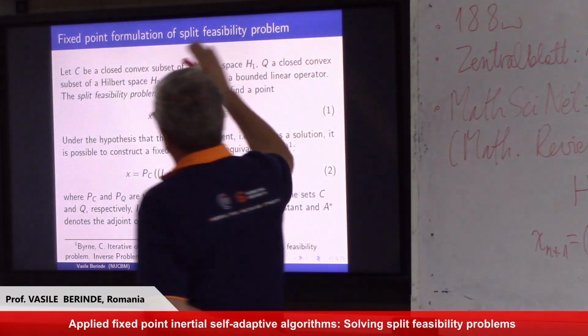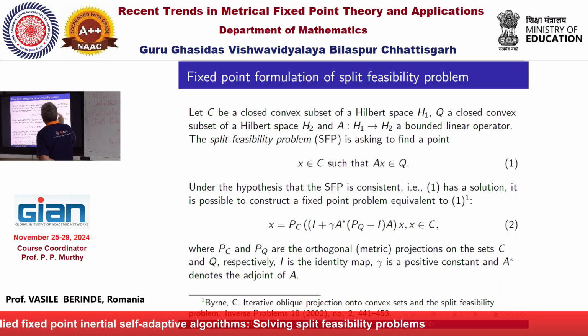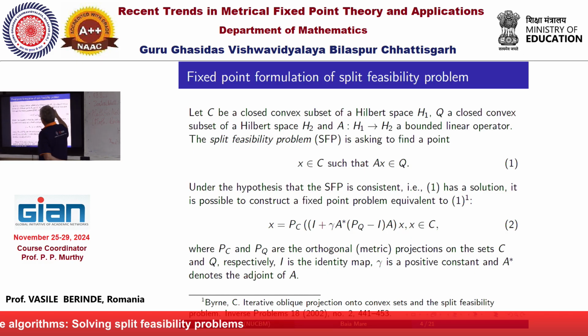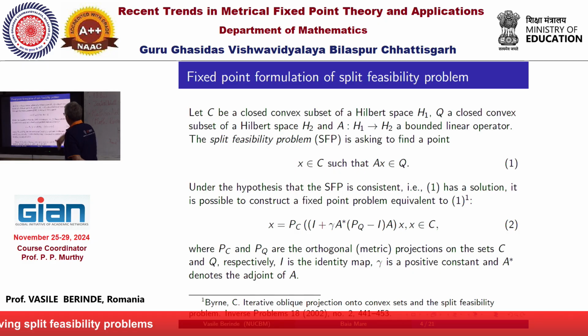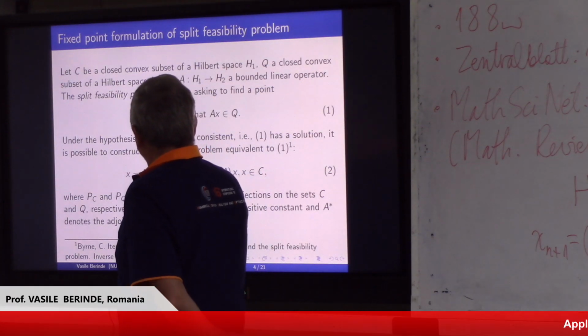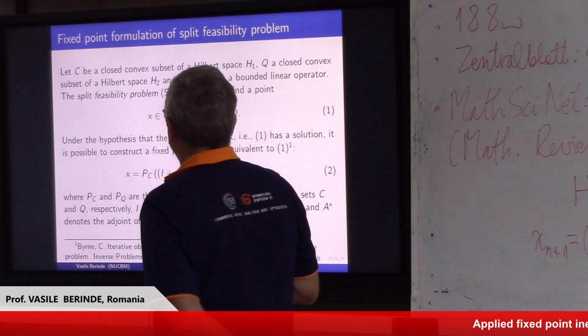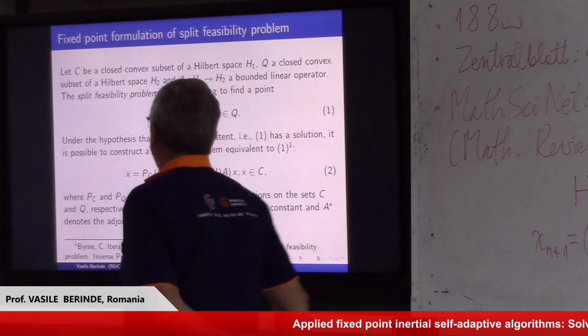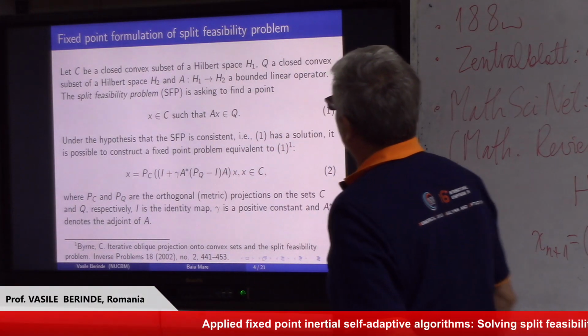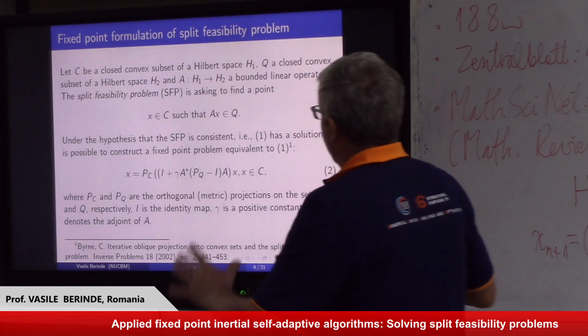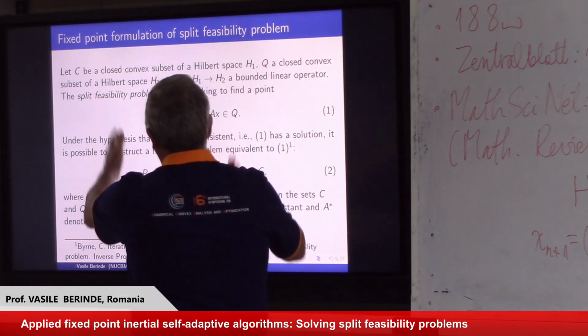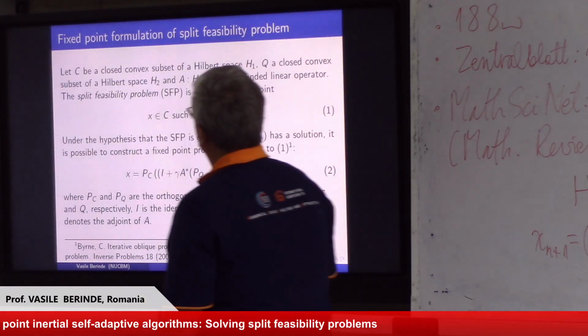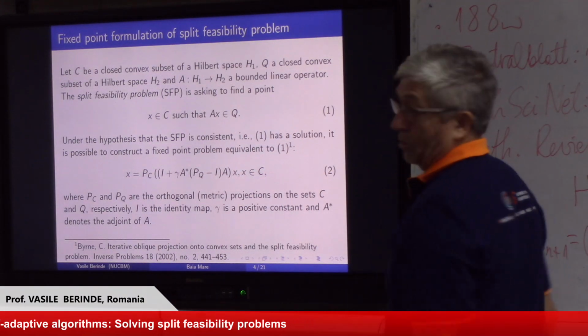In a Banach space or in a linear space, we project orthogonally an element outside the set C onto C, and respectively onto Q. I is the identity map and A star is the adjoint of the bounded linear operator A. So with this tool, any split feasibility problem is a fixed point problem.